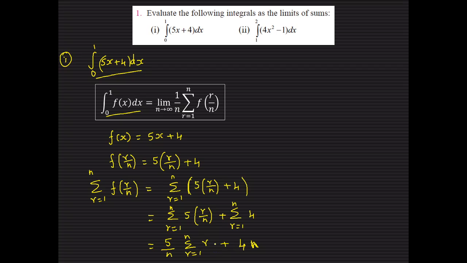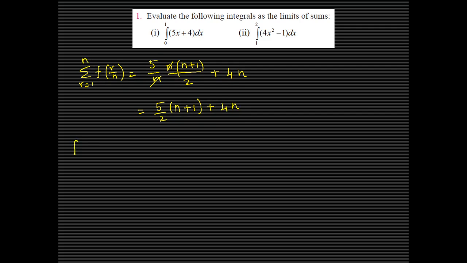The formula is n into n plus 1 divided by 2. We are using that formula, and then plus 4n. And then this n and this n will get cancelled. So the value will be 5 by 2 into n plus 1 plus 4n. So this is the value for summation r is equal to 1 to n f of r by n.